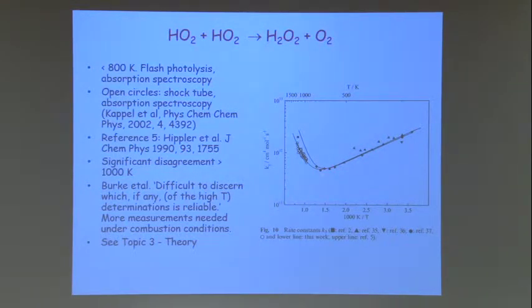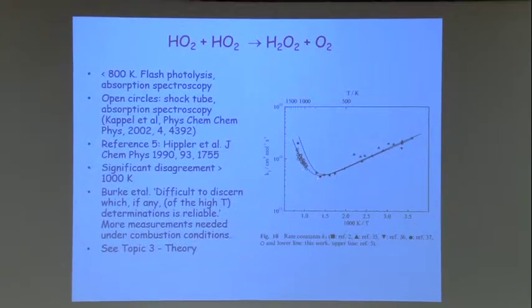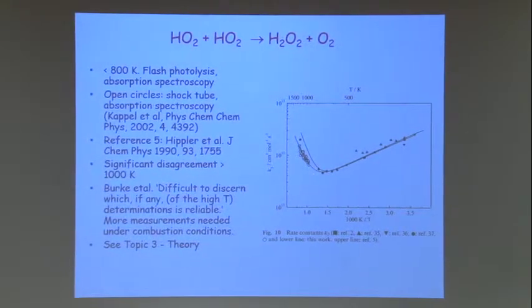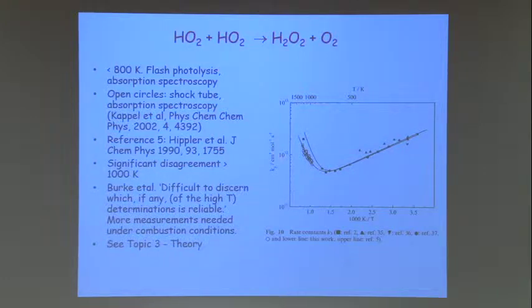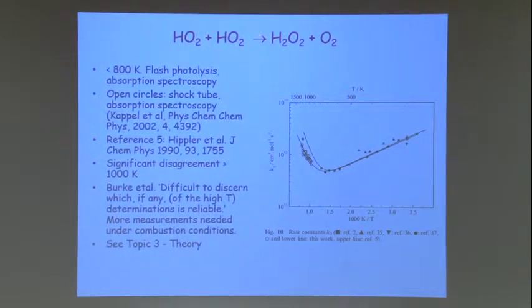And then it starts to turn around. What's happening here is it's basically a direct abstraction reaction. Instead of going through H2O4, one HO2 is abstracting an H from the other HO2, forming hydrogen peroxide. And that gets faster as the temperature increases.